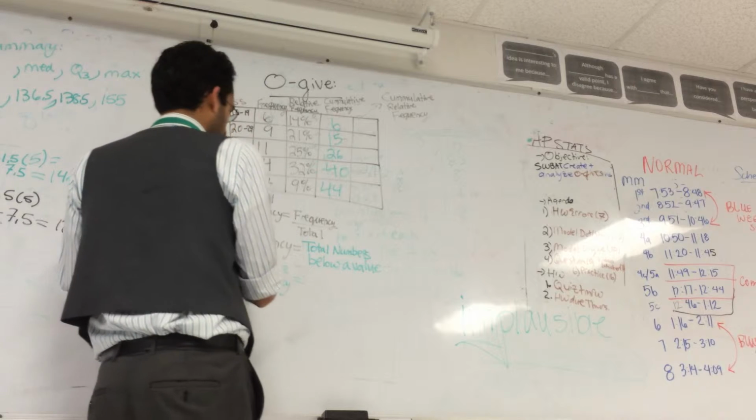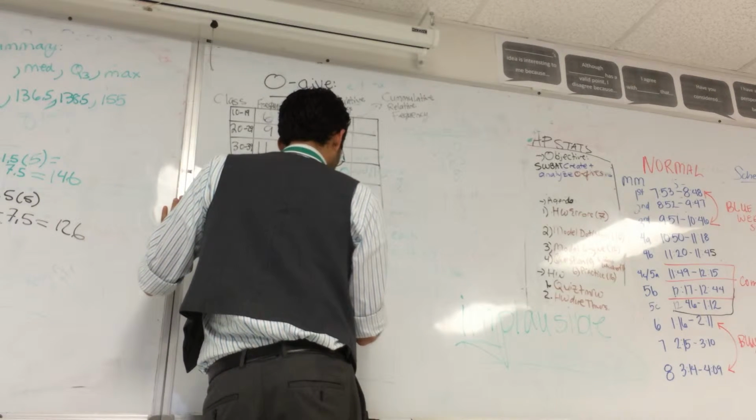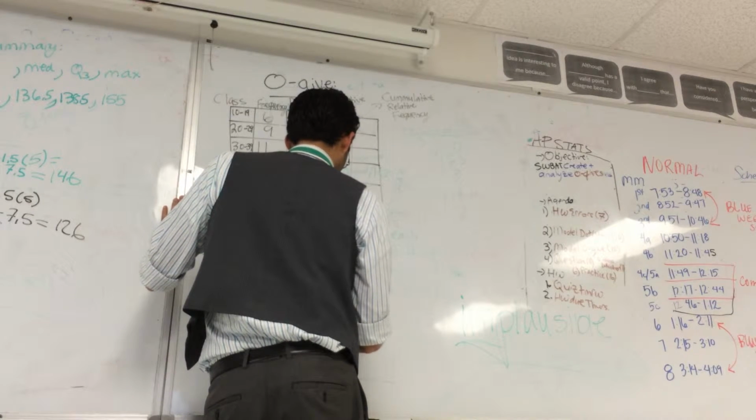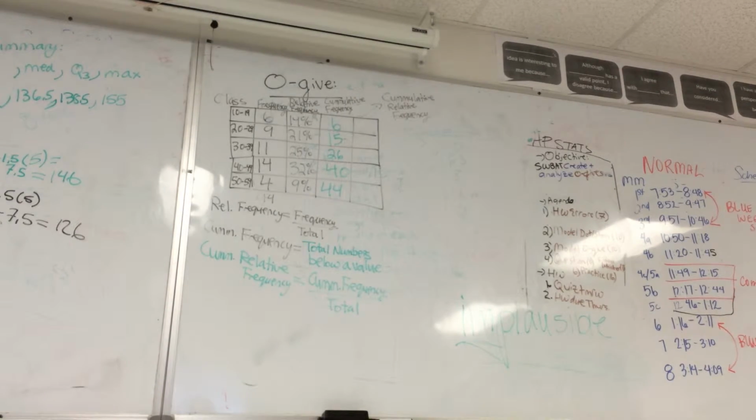Okay. Then we have cumulative relative frequency, which is just equal to the cumulative frequency divided by the total. So all we do is the following.